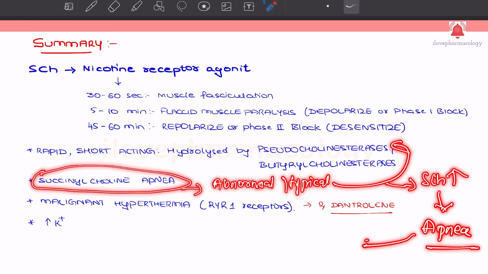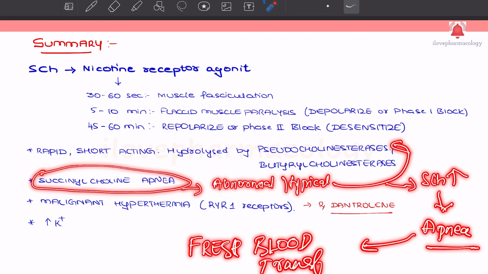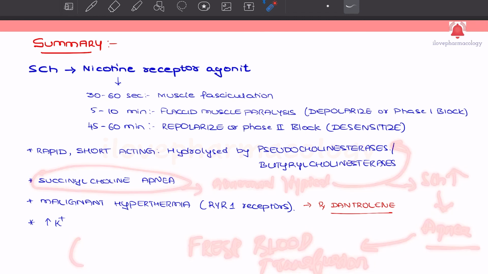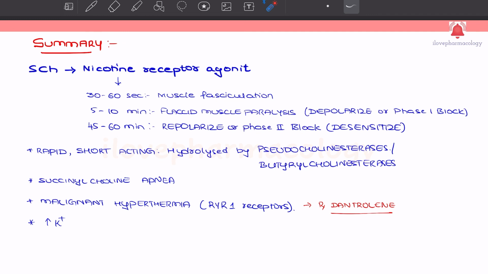How can it be reversed? By giving a fresh blood transfusion, where this fresh blood will contain fresh pseudocholinesterase.